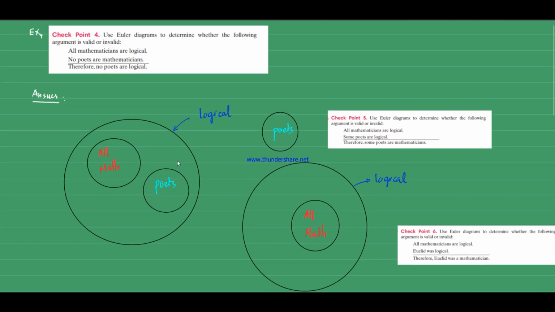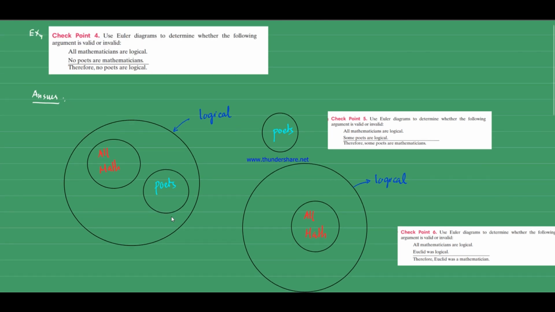But you see that I can draw another Euler diagram over here that contradicts the conclusion, because they say no poet are logical, but now I can draw an Euler diagram that says that poets are logical.